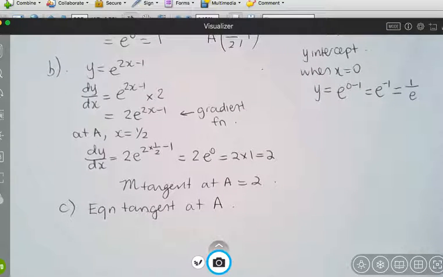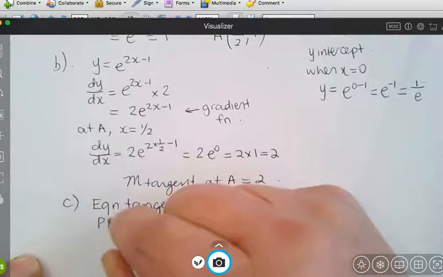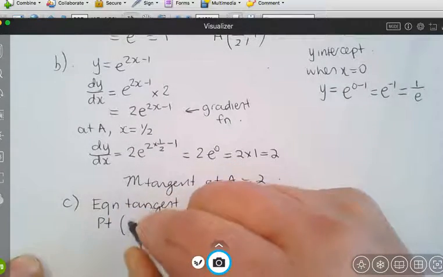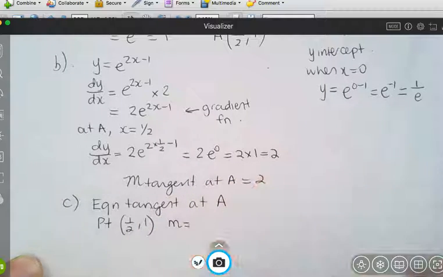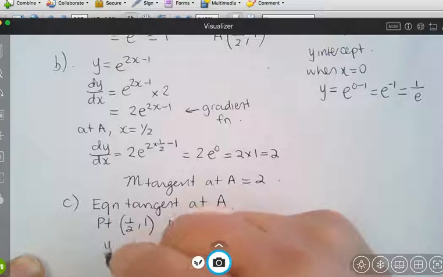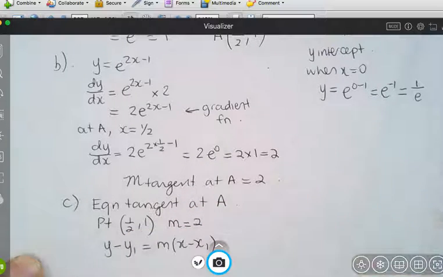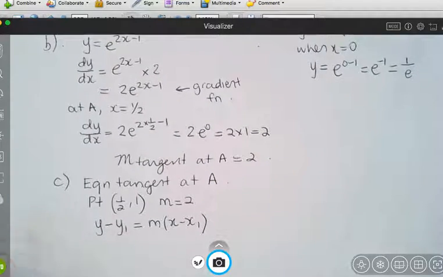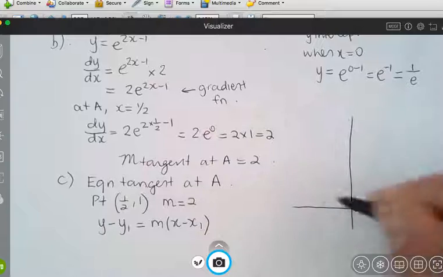Whenever you want the equation of a line or a tangent, use the point gradient formula. What's your point? It's A, which is a half, 1, and your tangent gradient is 2. So you just do y minus y1 equals m bracket x minus x1. Now I'm going to draw the graph back down here because I don't want to keep looking up there.